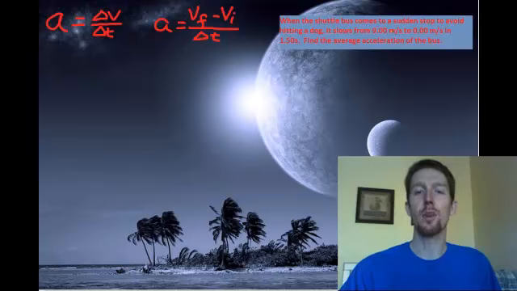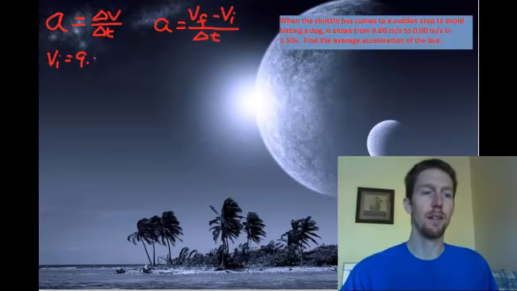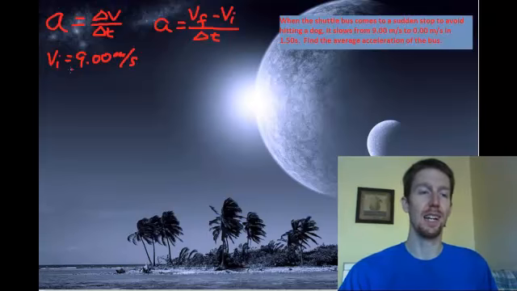In any problem, the first thing we always want to do is write down the given information. Here it starts at 9 meters per second, so its initial velocity is 9.00 meters per second. That's the speed it starts at. The velocity it ends at, its final velocity, is 0.00 meters per second.